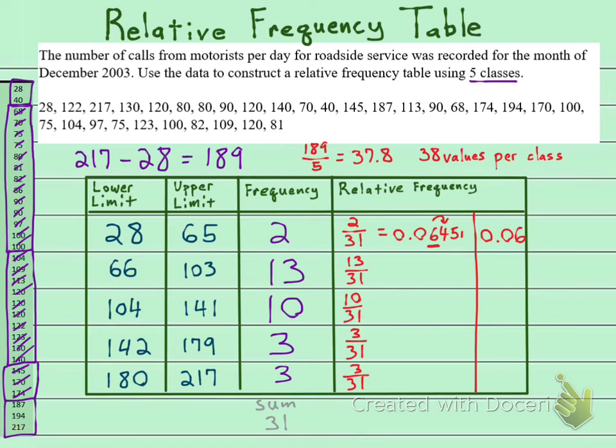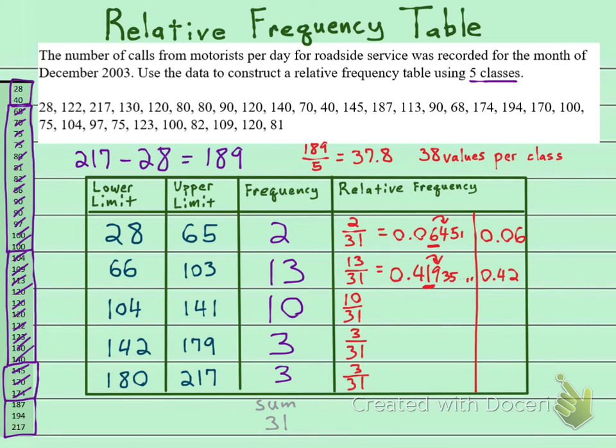All right, 0.06. Now let's do 13 divided by 31. That's going to give us 0.41935, and on and on. We only care up to 2 decimal places. Round this one. I look to the right, I see a 9, so I'm going to go up. That is 0.42.